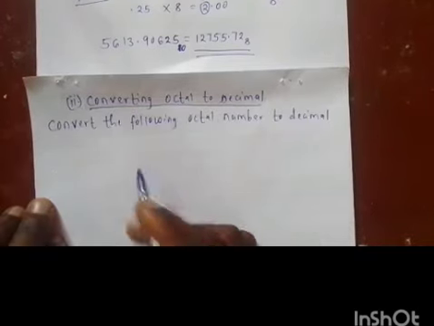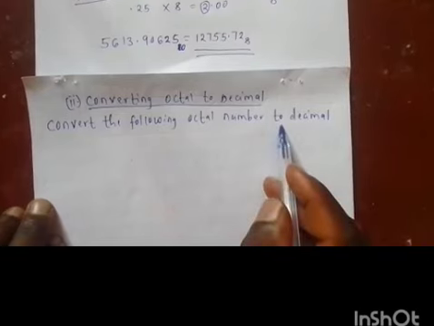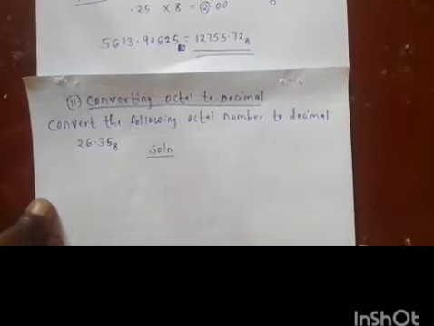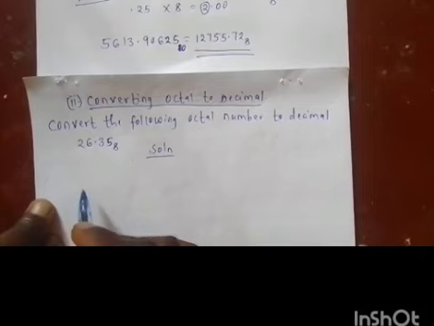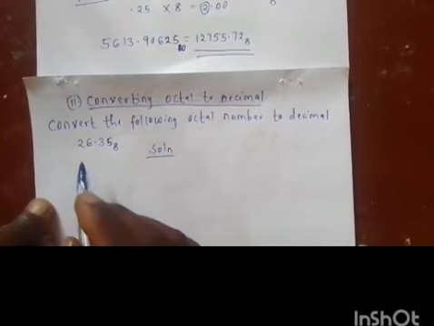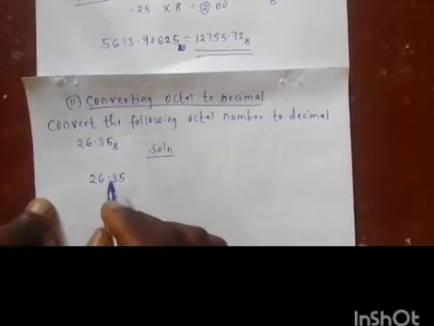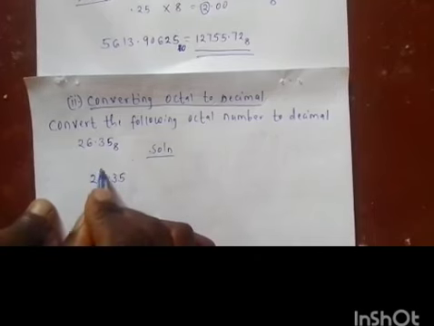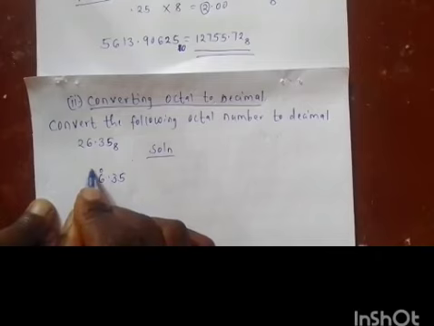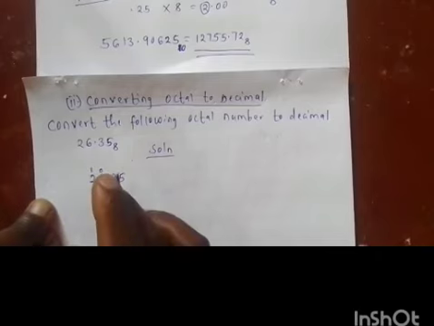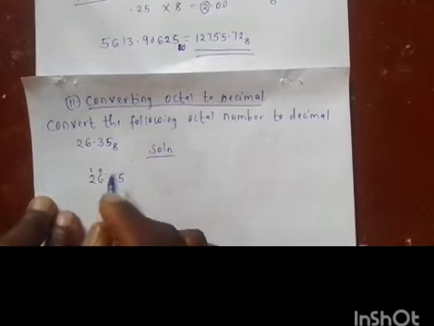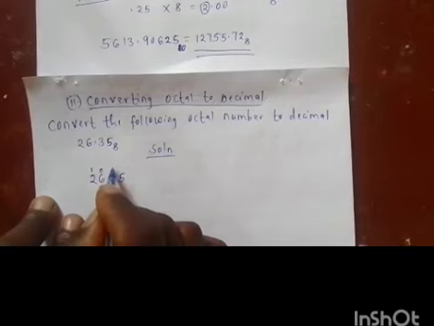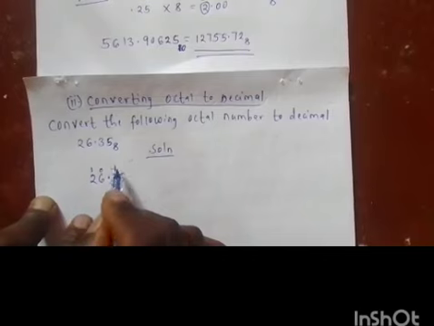Convert the following octal number to decimal. This one. Here, the first step is we are going to number the digits starting from 0 to the left of the decimal point, and starting from -1 to the right of the decimal point.